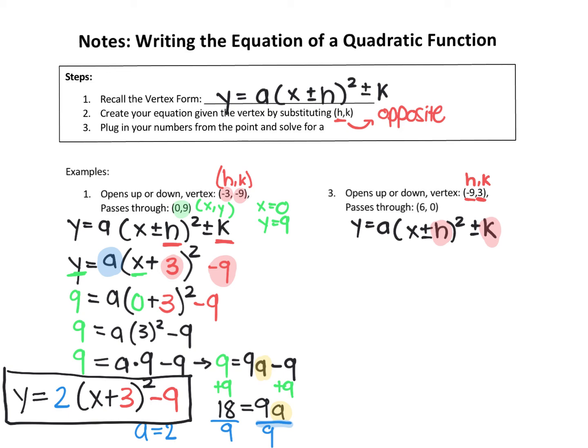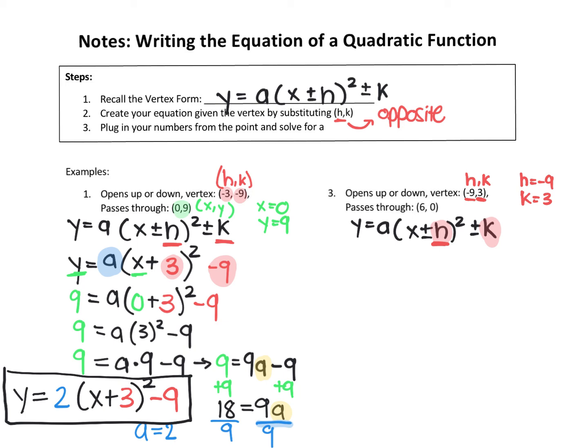The h is opposite. Let me even write it out to the side. My h is negative 9. My k is 3. But when I plug the h into the equation, it has to be the opposite. So instead of plugging in negative 9 right here, I should actually be plugging in positive 9.